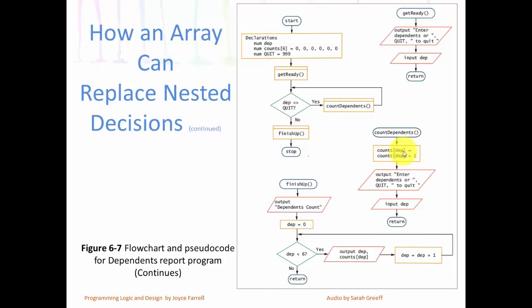Whatever that dep is, whatever you entered at your get ready, and once you have finished your get ready and entered your first dependent, when you enter your second dependent, it's just going to store whatever that dependent is, whether it's 0, 1, 2, 3, 4, 5, straight into that count dependent variable.